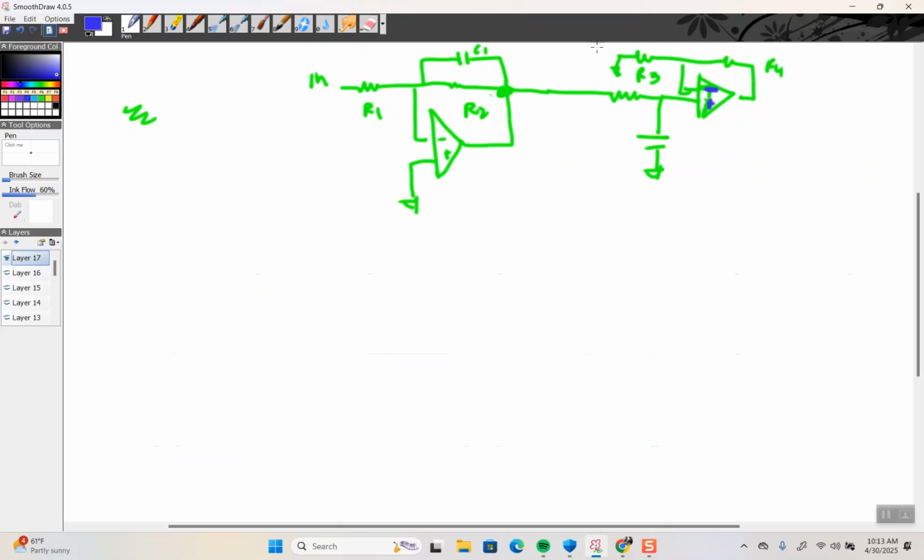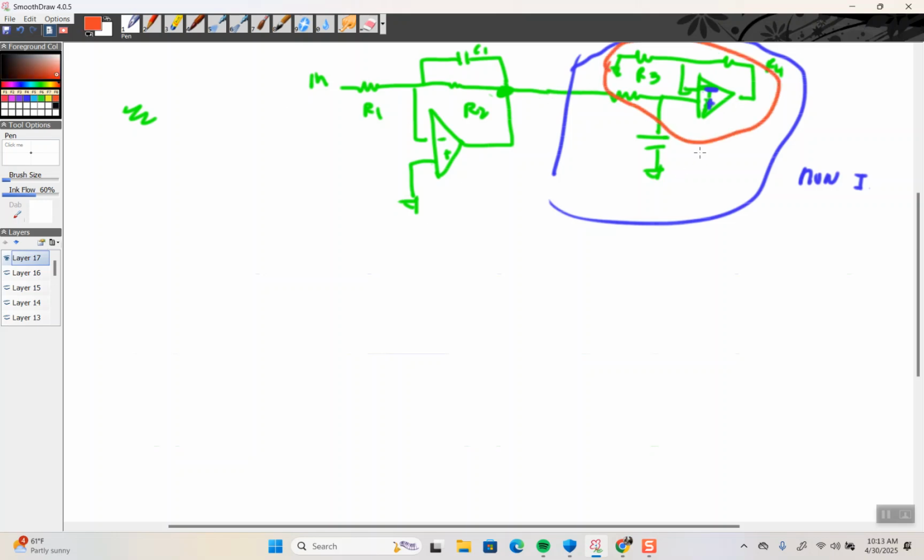Okay, so this is an inverting stage, right? And from this spot there, I'll just call that Vx. Vout over Vx is simply 1 plus R4 over R3. Then we'll call this Vx1.